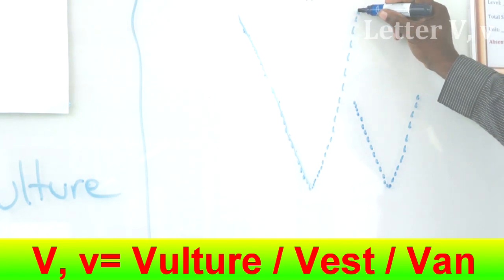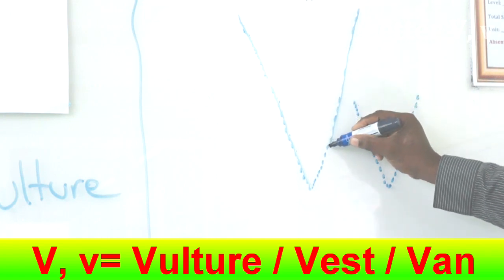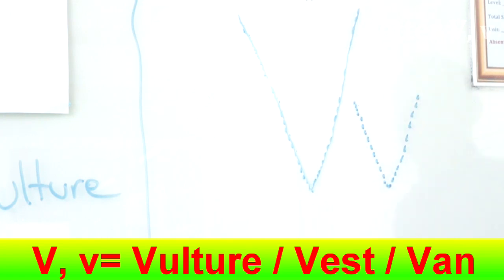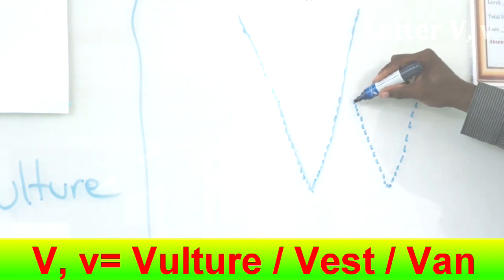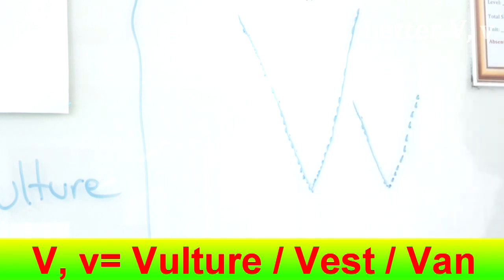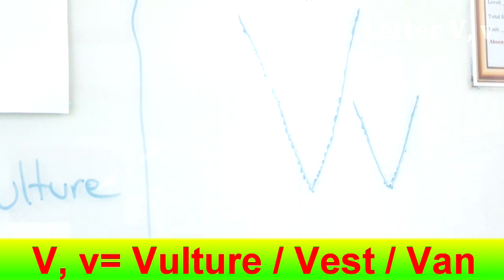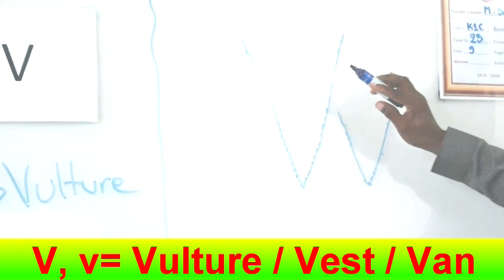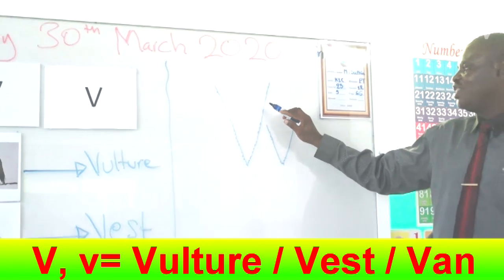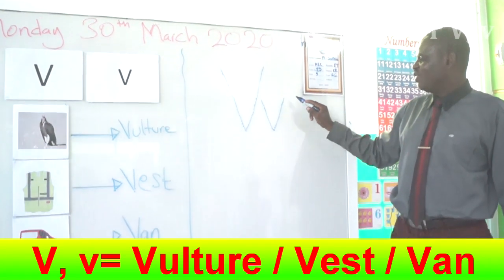Come to this side, you follow the same procedure. The same procedure is going to be used on this small one also. Then we get this one. We are done. So this is how to write the letter V, uppercase and lowercase.